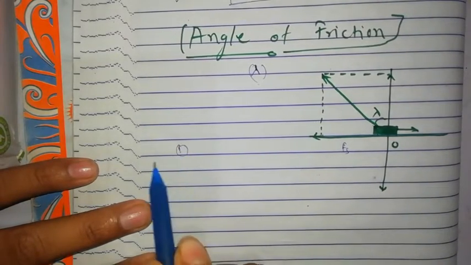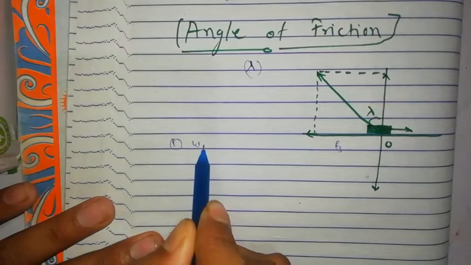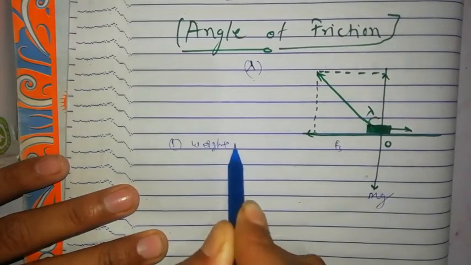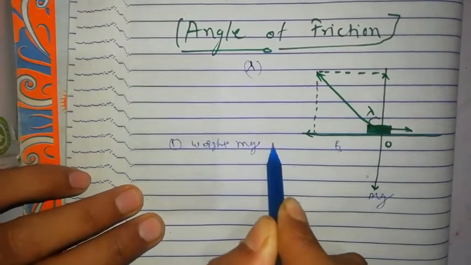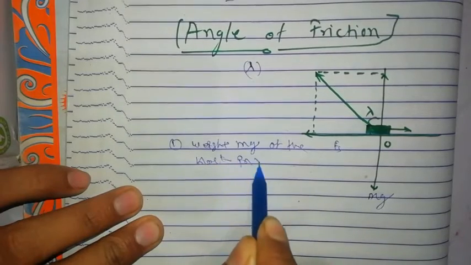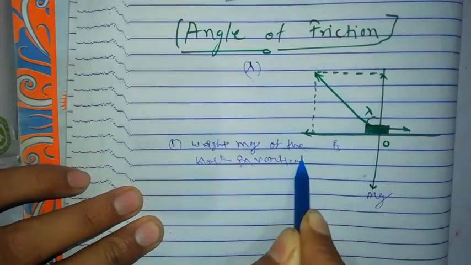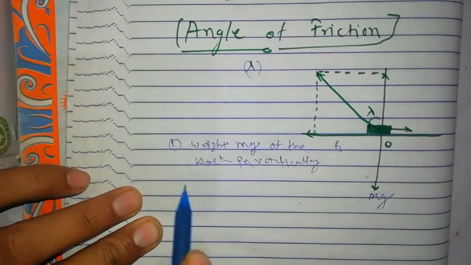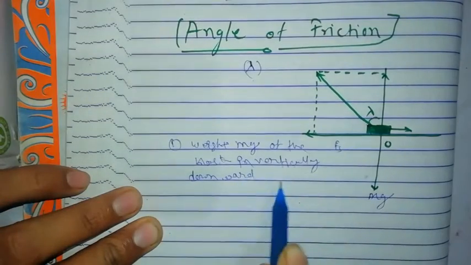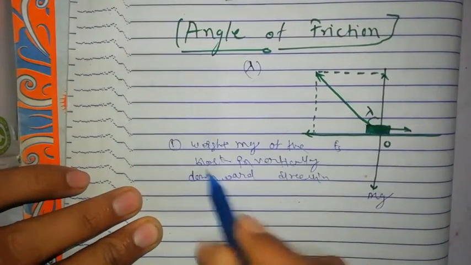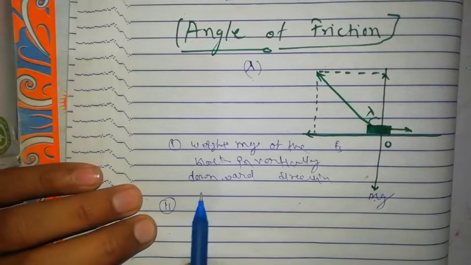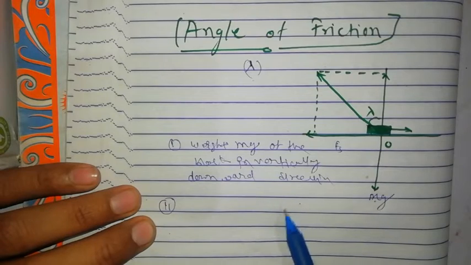First, weight mg of the block in vertically downward direction.